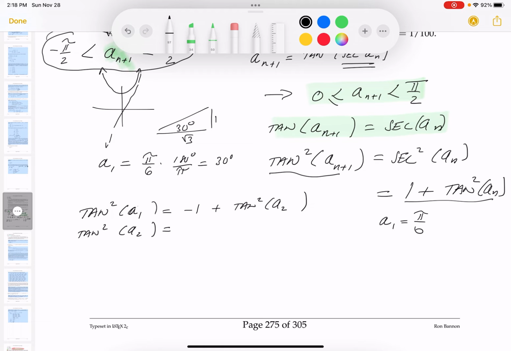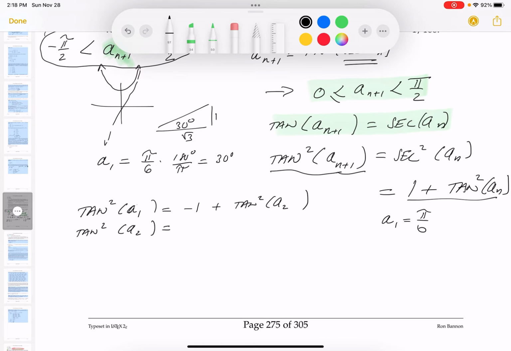Maybe I should write that down again. So, no, I think I can do that. A2 would be -1 plus tangent squared. I'm just seeing if I can get a pattern. And that would be 3, right?